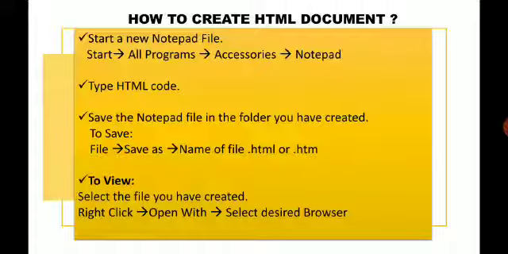Then I will show you in the next slide the HTML code. You have to type that HTML code in the Notepad file. Then you have to save your Notepad file. I will also show you how to save. After saving, you can view your saved file through any browser.